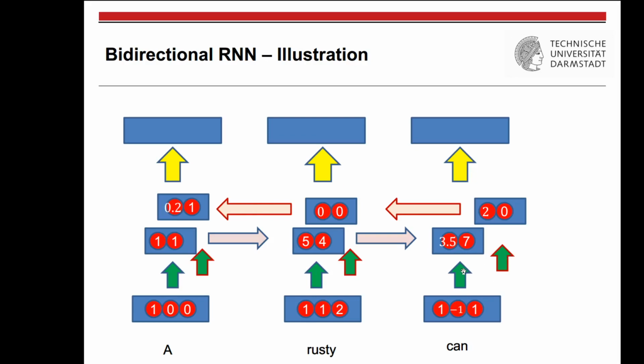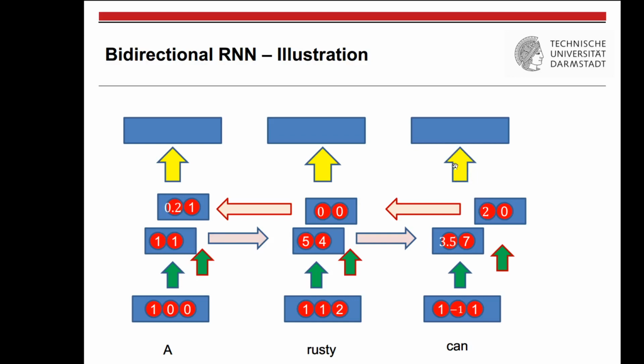The forward layer has a weight matrix, the backward layer has a weight matrix. These are not shared between them, but of course they are again shared across the time steps. The same is true with the hidden state vector: the forward layer has a weight matrix, the backward layer has a weight matrix, which are independent and therefore doubled, but shared across the time steps.